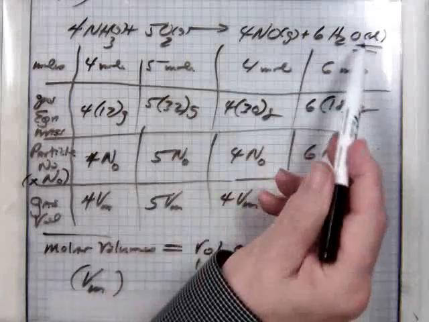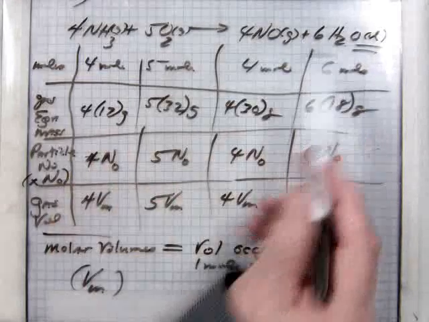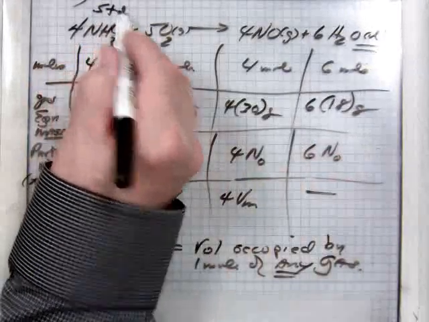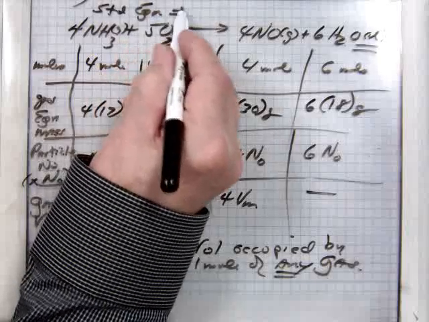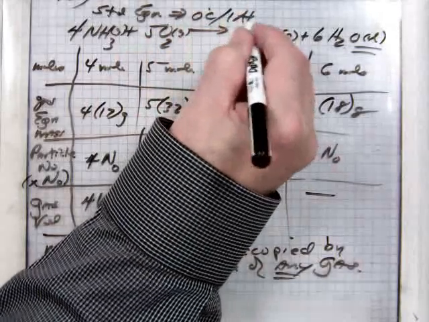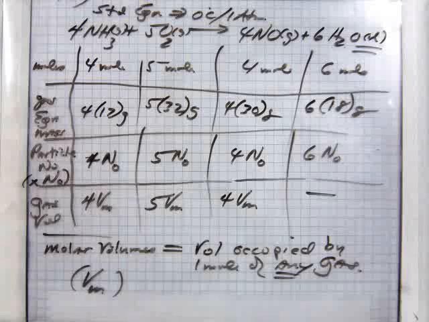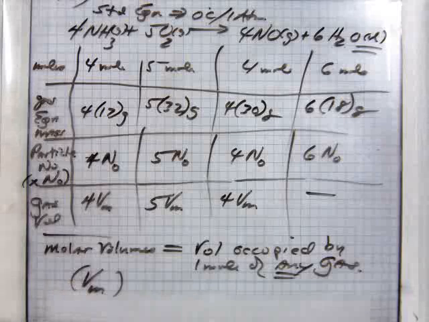Well, in this, the way the equation is written in the smallest whole number ratio, it's a standard equation. And this means that the conditions are 0 degrees Celsius and 1 atmosphere. And you don't have to have a notation on the side that says this is a standard equation. You're just supposed to know if it's in the smallest whole number ratio, it's a standard form.